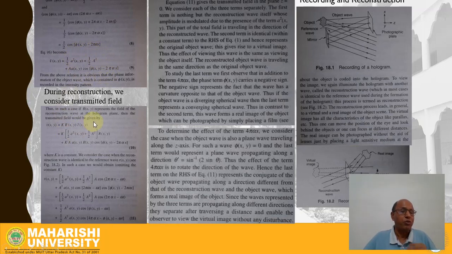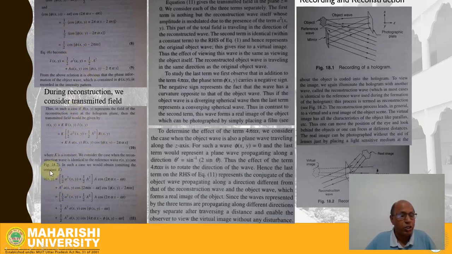Now, if you want to reconstruct it, because you want to see the transmitted image from the field, you consider a transmitted field, and this transmitted field is equal to K, and then the resultant. K is a constant, and this resultant will consider these parts.